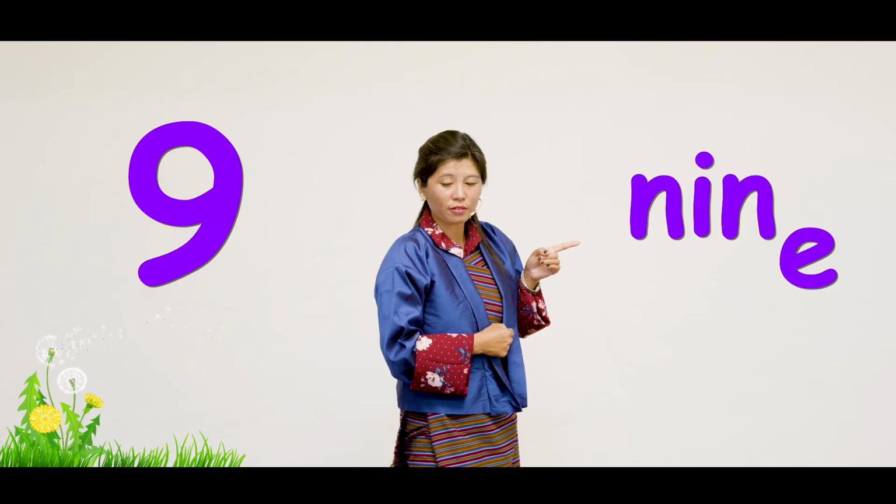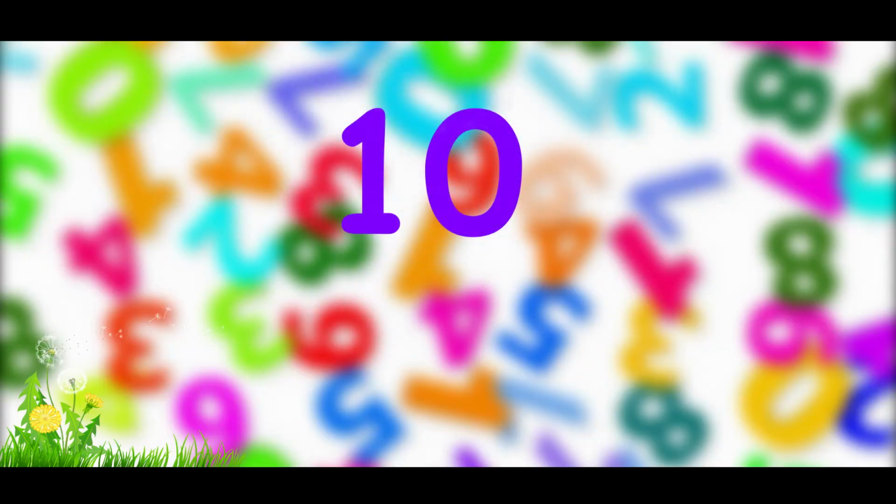Are we writing? Okay, children, let's look at this number. 10. Yes, it's 10. Now, let's see how we write number words for 10. T, E, N. Let's spell it again.